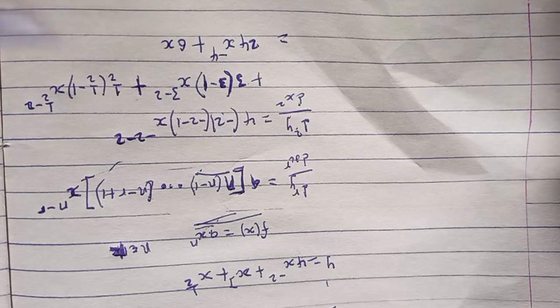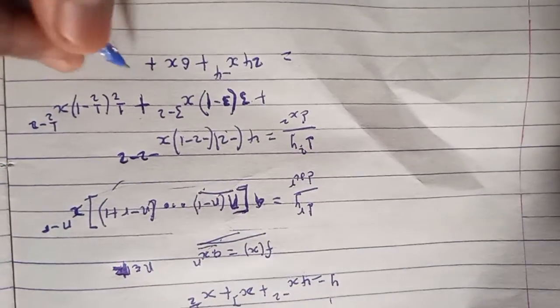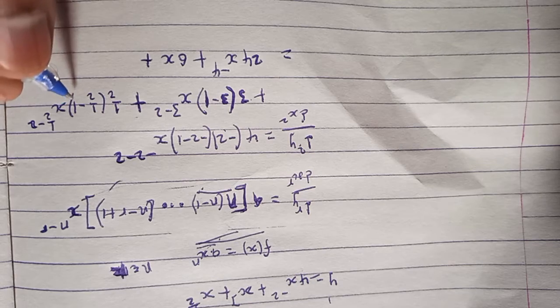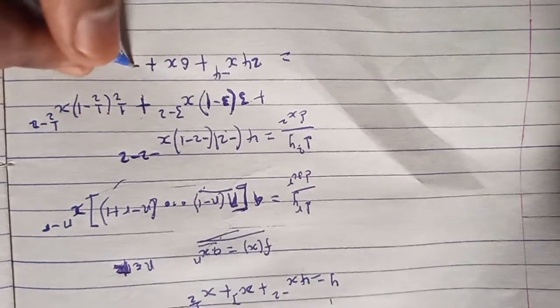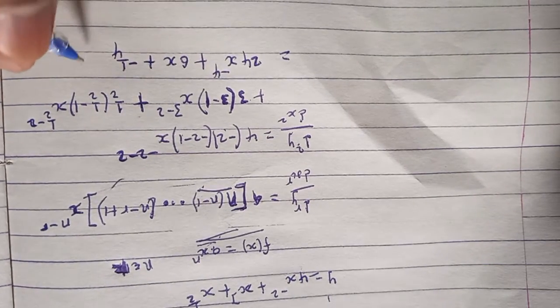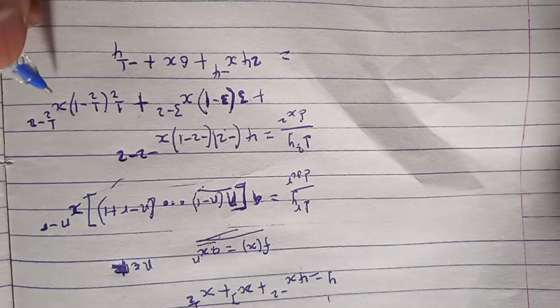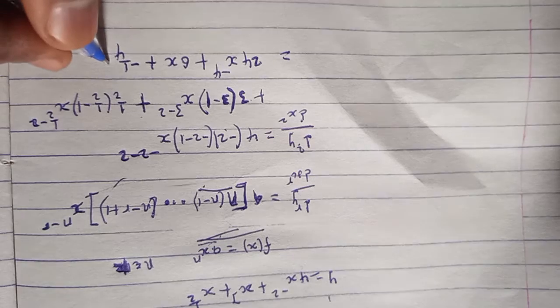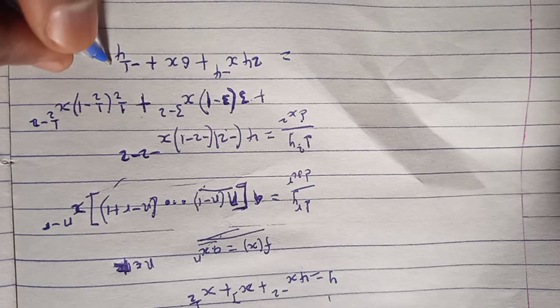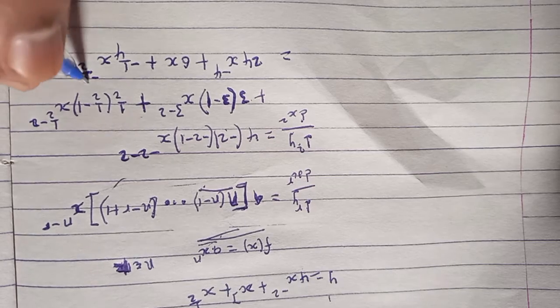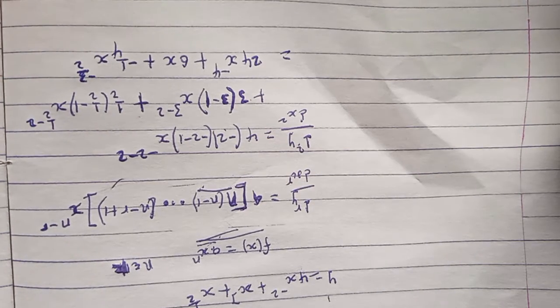So we'll have 6x. Then plus, so half minus 1 is minus half, times half, minus 1 over 4. So plus minus 1 over 4. Then half minus 2 is what? Minus 3 over 2. So we'll have times x to the minus 3 over 2. Have you seen that, guys? So this is how it is.